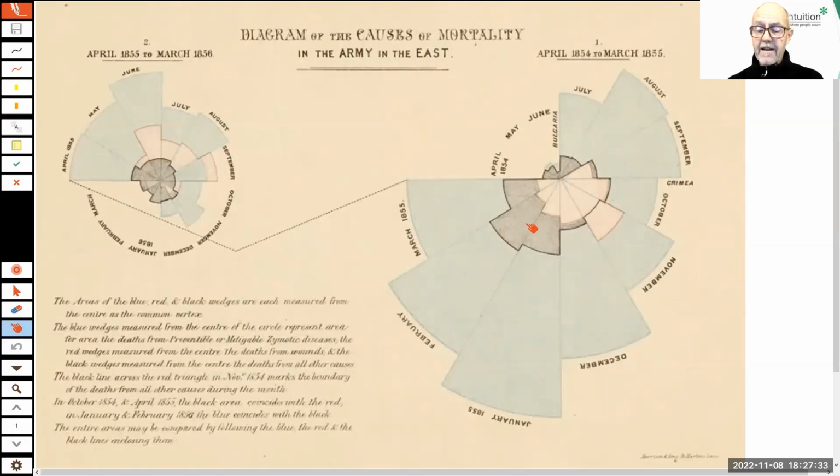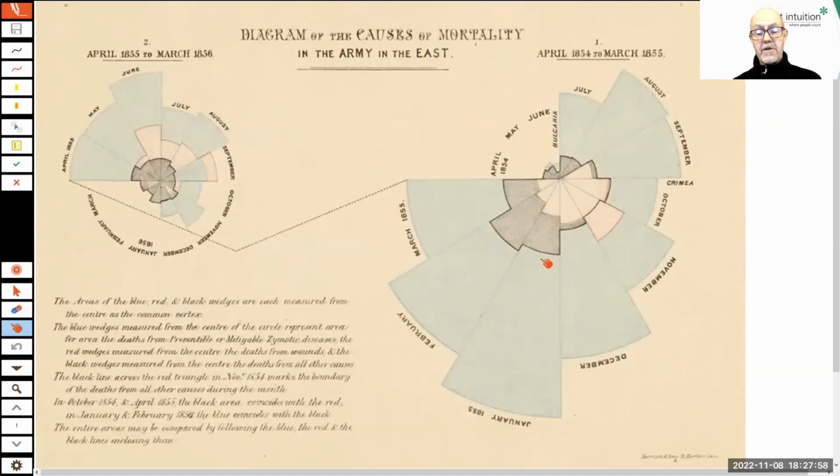The area in black is how many people died of other causes, because people do die, they get ill of just ordinary illnesses. If they're in swampy areas, there's typhus and all sorts. The scary bit is the blue graph shows how many soldiers died from preventable diseases and infections.